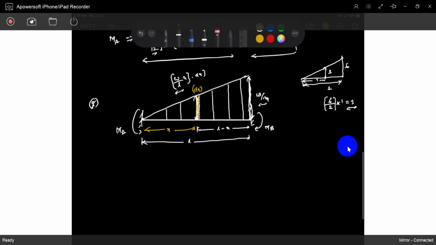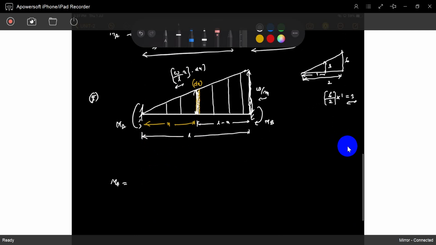Understood? Same thing. What is MA? W by L into x is the load. Load into distance: this much distance is x, L minus x whole square by L square. That is MA. So what is MB?